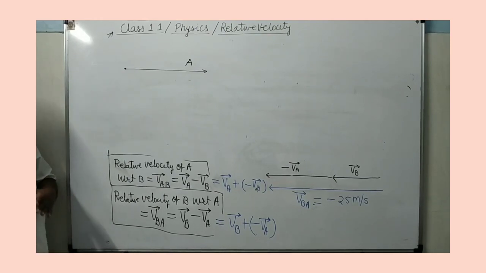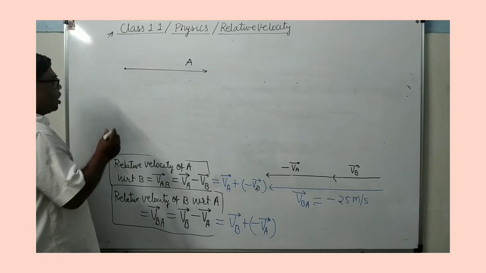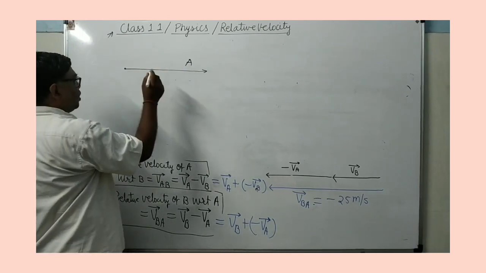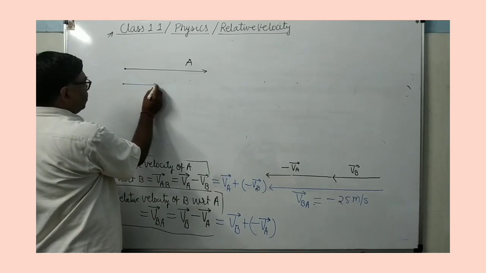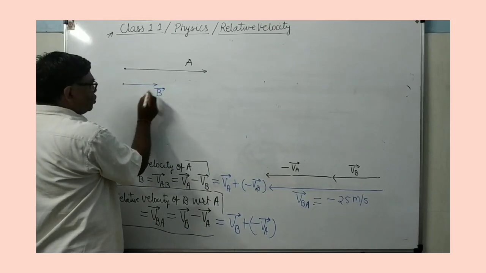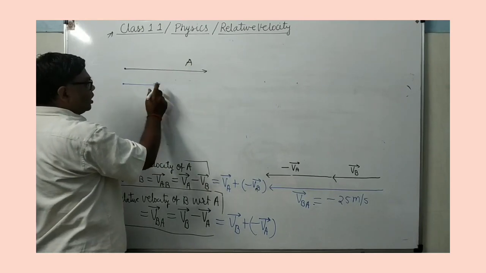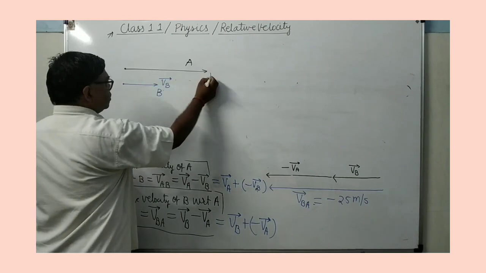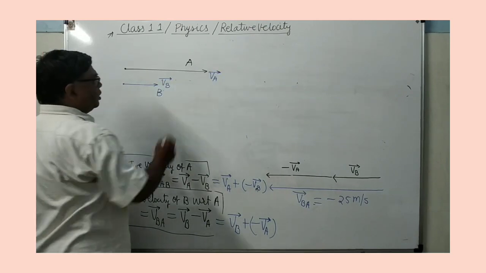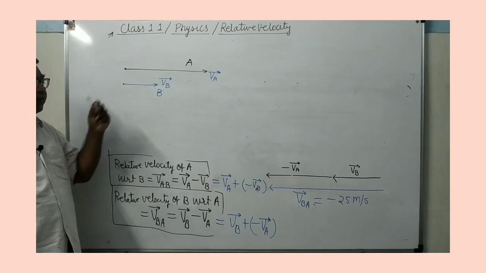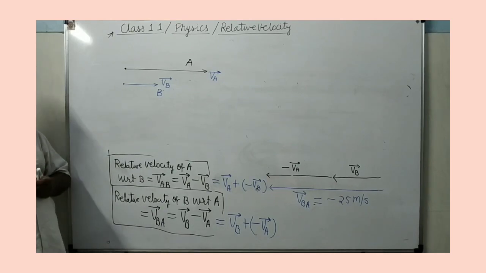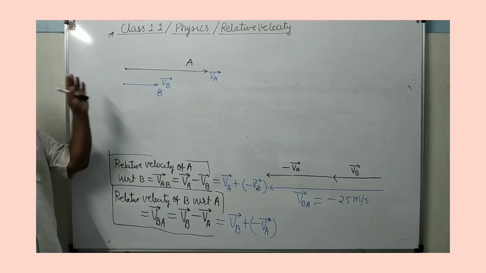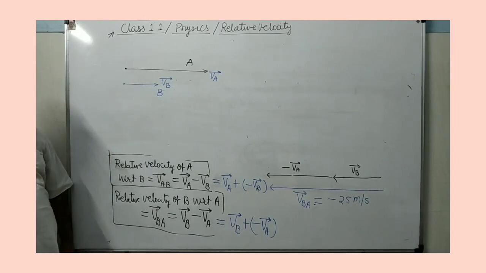But when you are finding the relative velocity of one body with respect to the other body moving in the same direction, you are measuring the relative displacement of A with respect to B. But here B is origin, but B is not at rest. B is also moving. Origin is also moving.